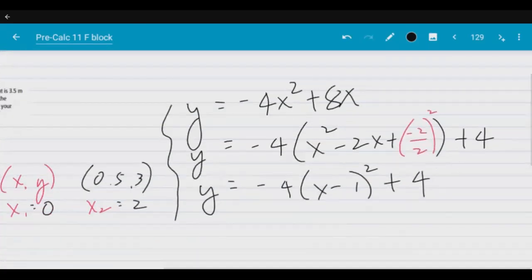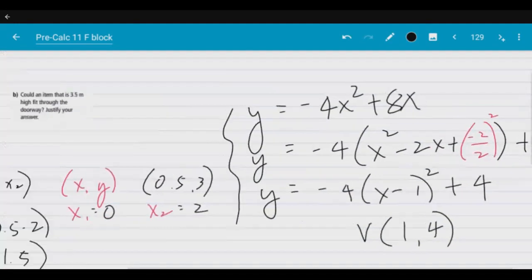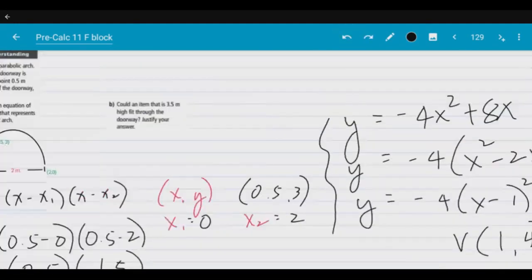What is the vertex? The vertex is the point 1, 4. What does that mean? That means the vertex would be right in the middle. Just remember this 1, 4. Let's take a look. So again, just remember that our parabola is this one.